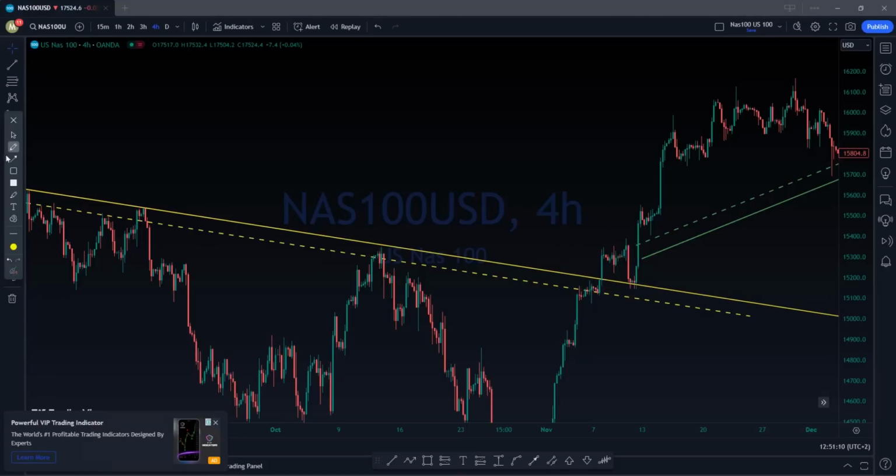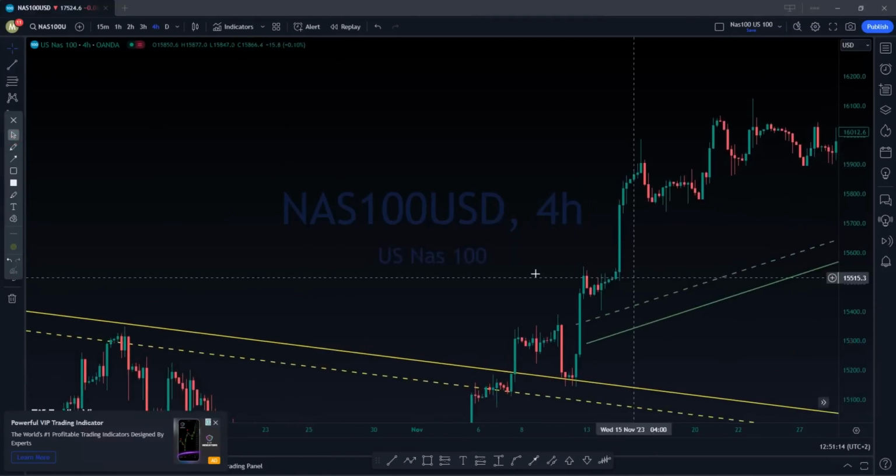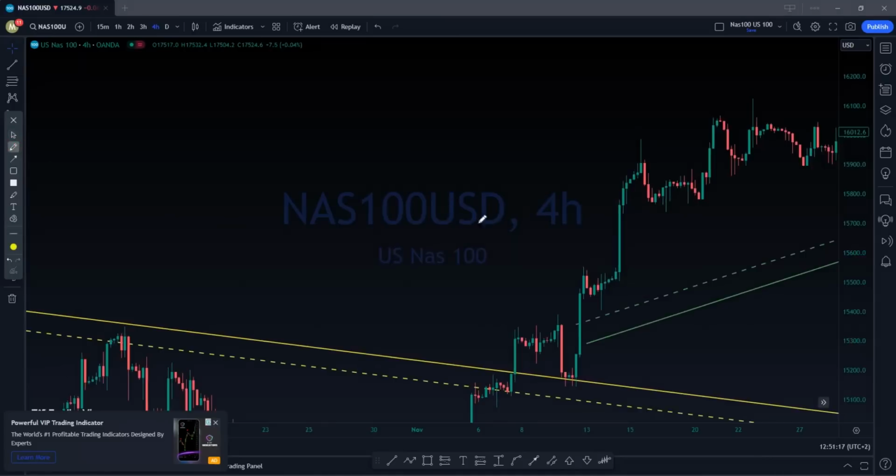So I want to tell you something about this ranging structure, or resistance and support. When the market breaks out, most of the time, the market will most likely consolidate. The market likes to do something like this. Mostly, every time the market breaks out, it creates this ranging structure.